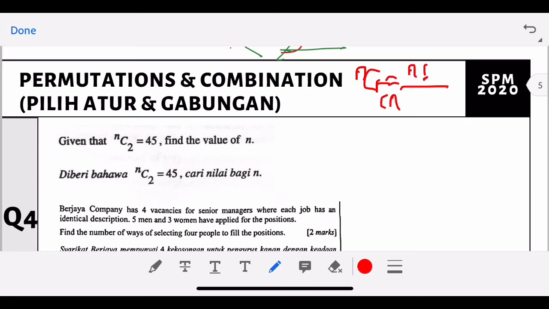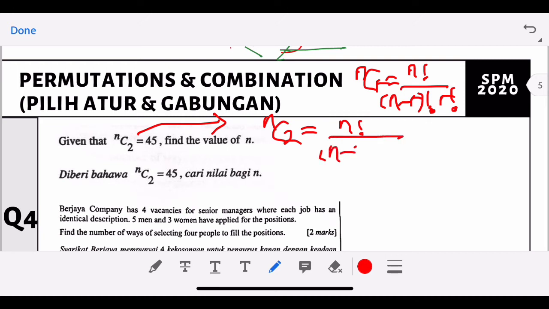Given that nCr equal to 45, I'm going to write down the formula for nCr. It's n factorial over (n minus r) factorial over r factorial. So if nC2, I will write n factorial over (n minus 2) factorial over 2 factorial.